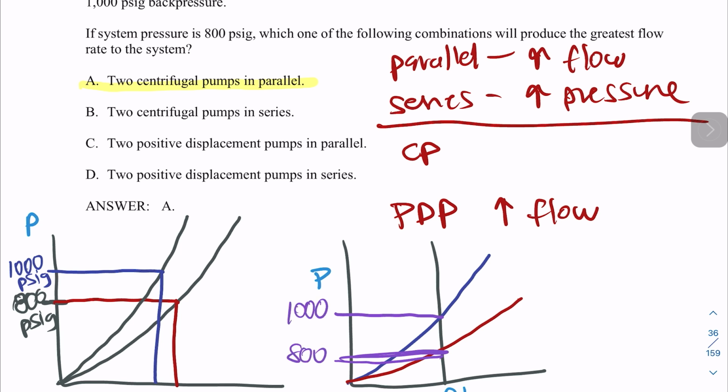So this one is going to give me the same flow. The flow is not changing. It's going to stay the same no matter what.